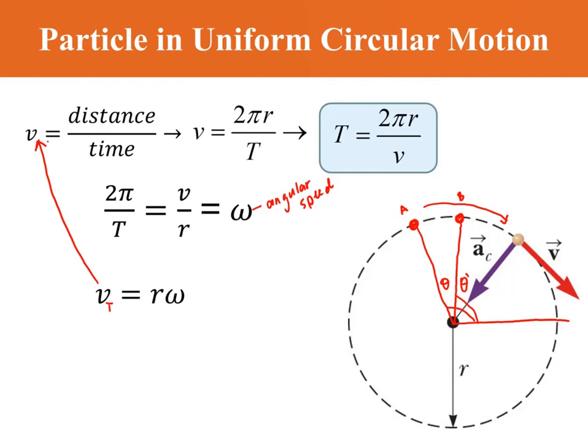Since we are now talking in terms of circular motion, it is wise to differentiate, or to emphasize it more, as linear motion, by calling it tangential speed.